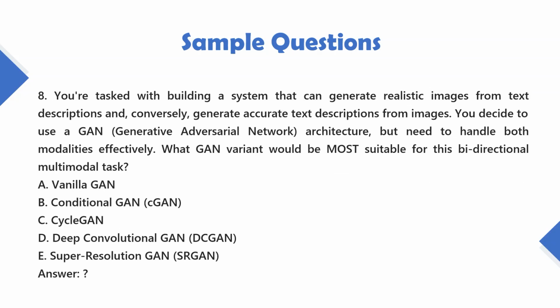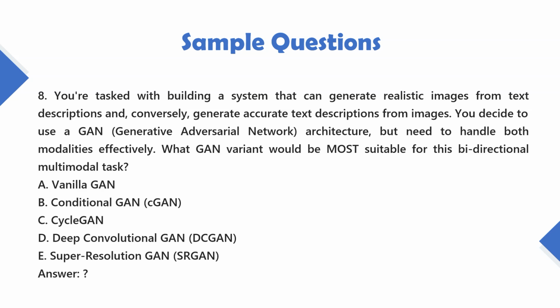8. You're tasked with building a system that can generate realistic images from text descriptions and, conversely, generate accurate text descriptions from images. You decide to use a GAN, Generative Adversarial Network, architecture, but need to handle both modalities effectively.